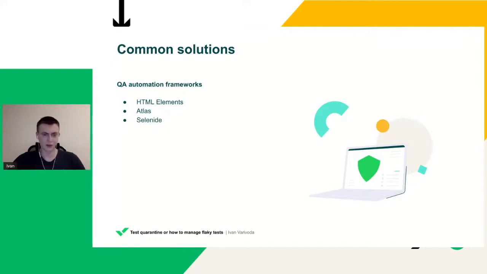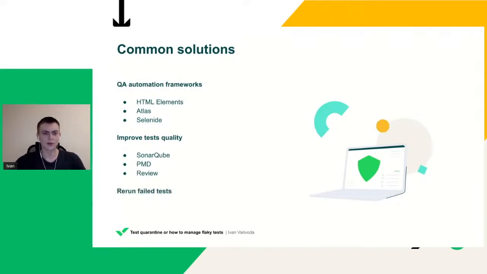These frameworks usually have features like explicit waits or more convenient ways of finding elements on the page, and these features can help you to make your tests more stable. The second common solution is improving test quality by using static analyzers like SonarQube or PMD, or just using a review process. It can help to make your tests more stable as well.